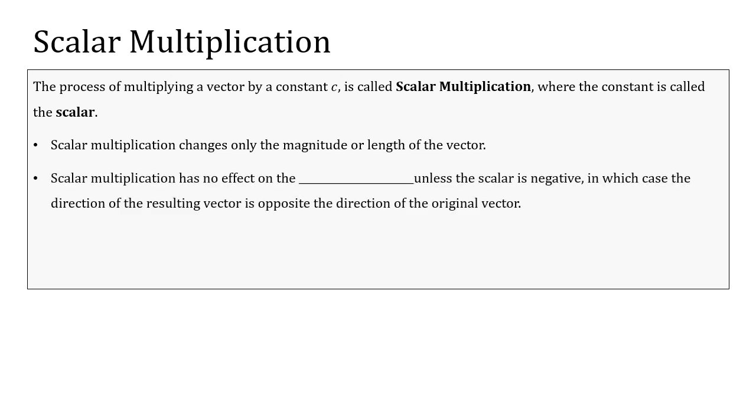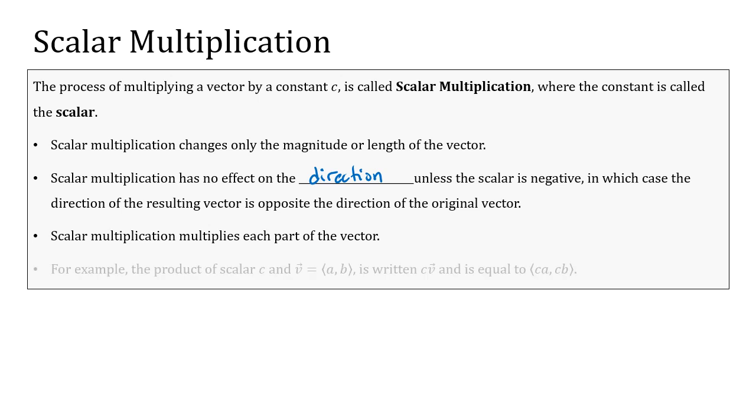It has no effect on the direction of the vector unless that scalar happens to be negative, in which case the direction of the resulting vector is simply the opposite of the direction of the original vector.